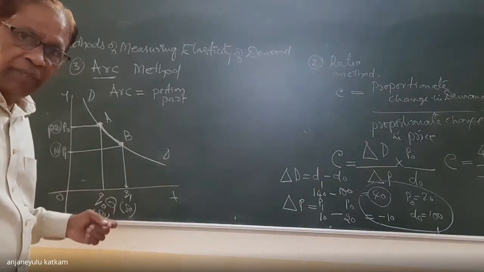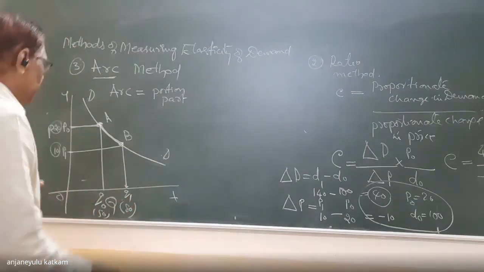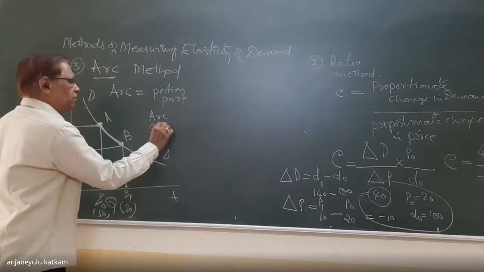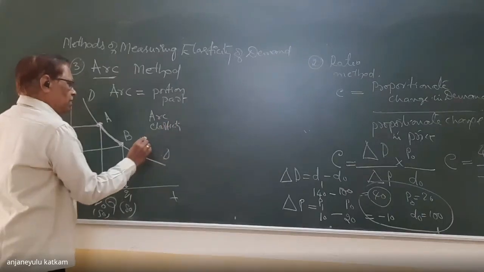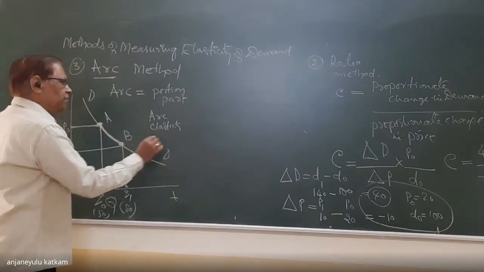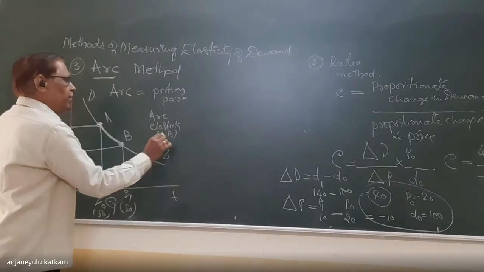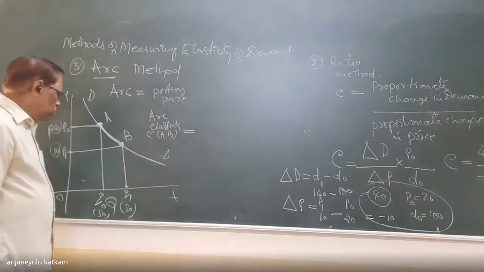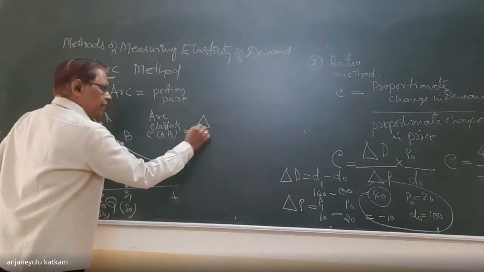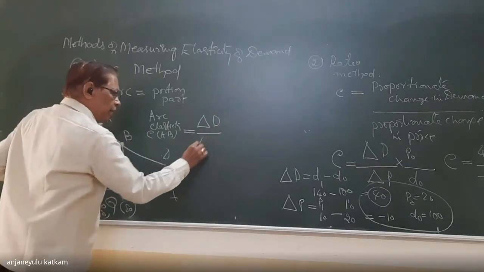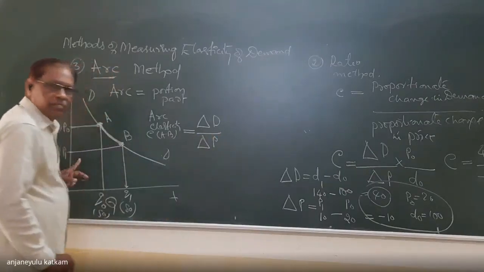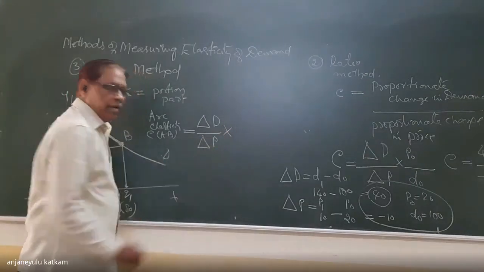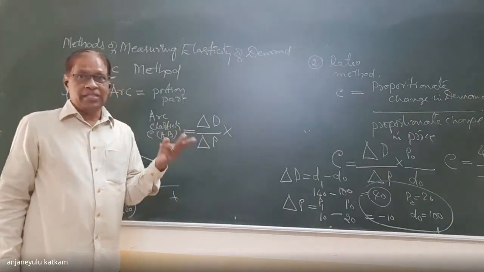So the equation for measuring elasticity is like this. Arc elasticity, that is for a portion AB, is equal to delta D divided by delta P, as usual, into not one single price, but both the prices we will take.